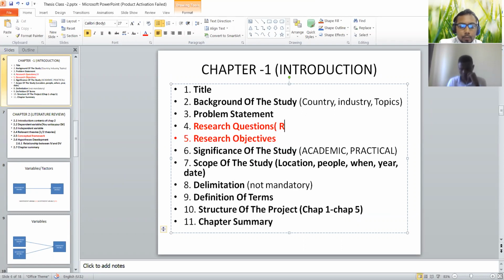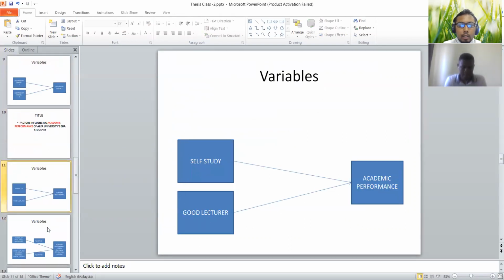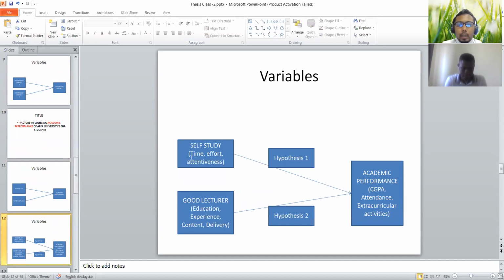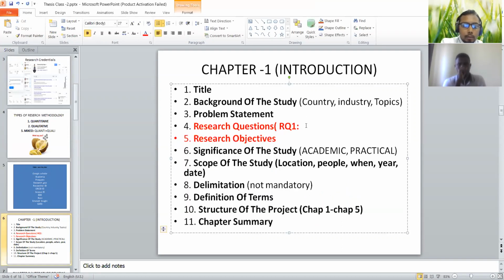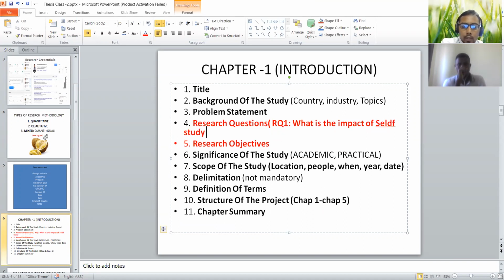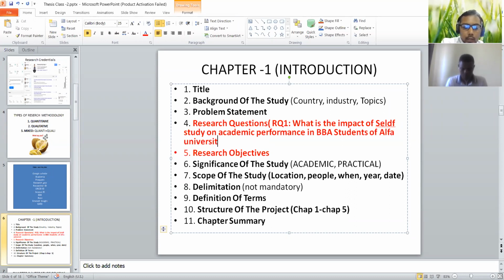Research question 1. For this study, research question 1 will be: what is the impact of self-study on academic performance in BBA students of Alpha University?